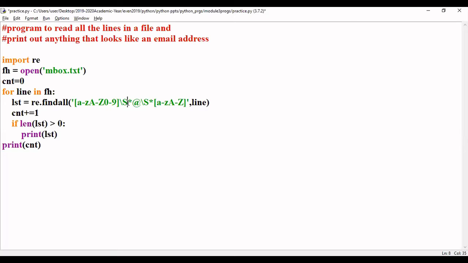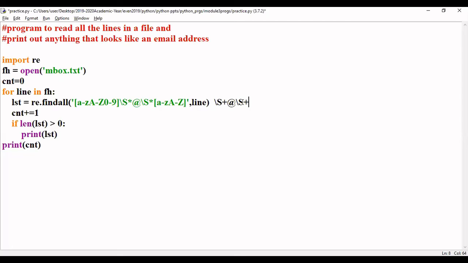When we used this character, \S plus, then @, again \S plus, we are looking for a substring that has at least one non-whitespace character.